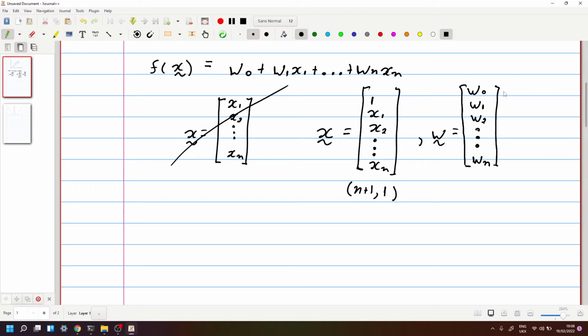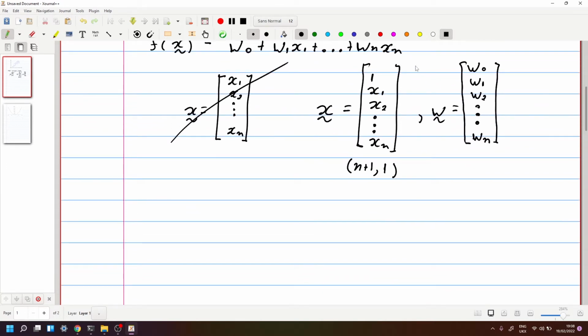The reason I've added an extra component to the input samples is so that we can write this function, f of x tilde, as simply a dot product between w and x, and that would look something like this. If you multiply each component by the equivalent one in the other vector, you get 1 times w0, which is w0, plus w1 times x1, w2 times x2, and so on.